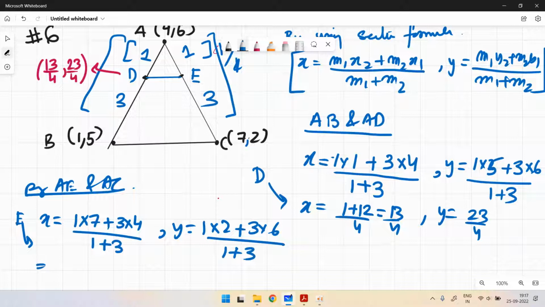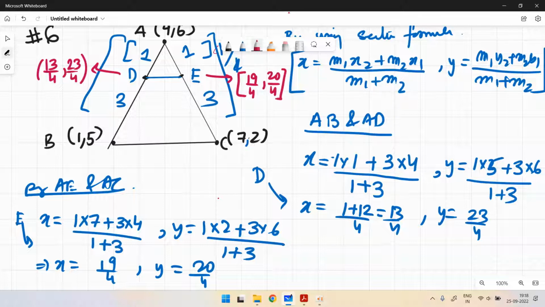So this will ultimately become x is 7 plus 12 is 19 by 4. The y is 18 plus 2 is 20 by 4. I will not cancel 20 by 4 because this is 4, so I will keep holding this. So this is 19 by 4, 20 by 4 are the coordinates.